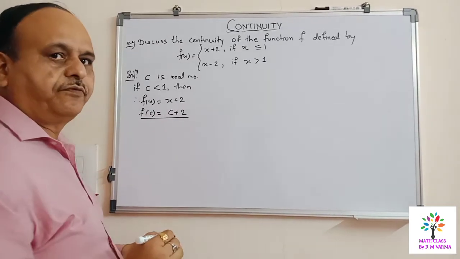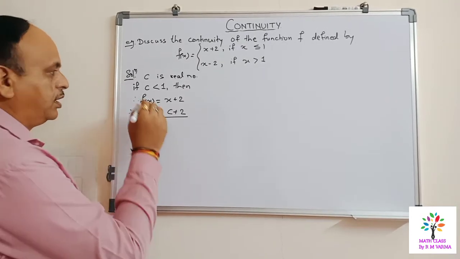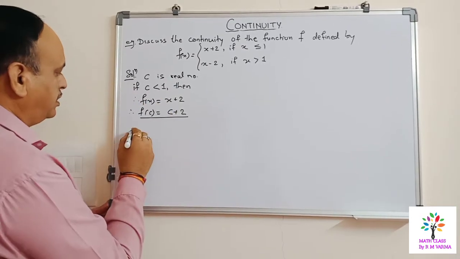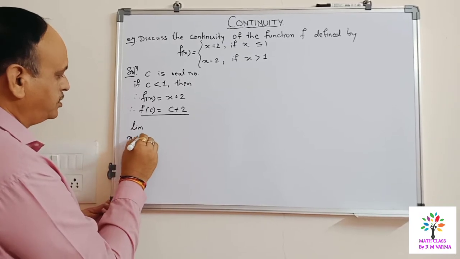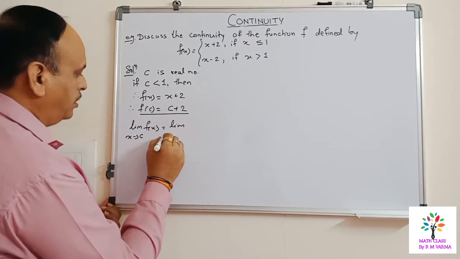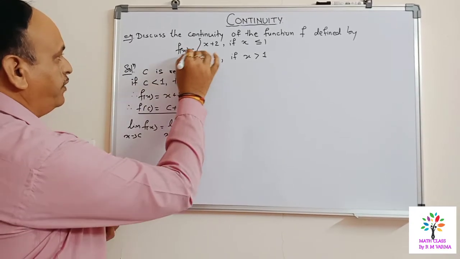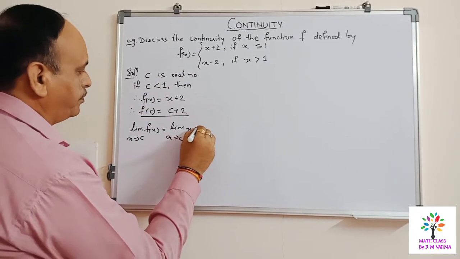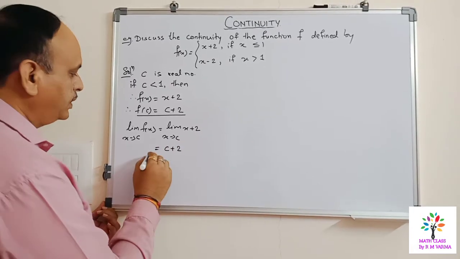So the value of f(C) is C plus 2. Now we find the limit when x tends to C. Limit as x tends to C of f(x) equals limit as x tends to C of x plus 2. So my answer is C plus 2.